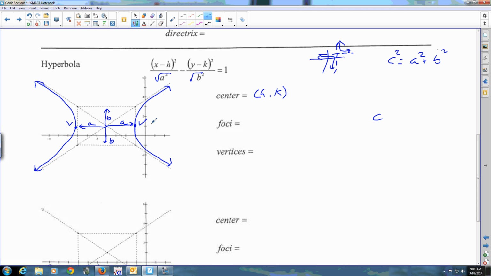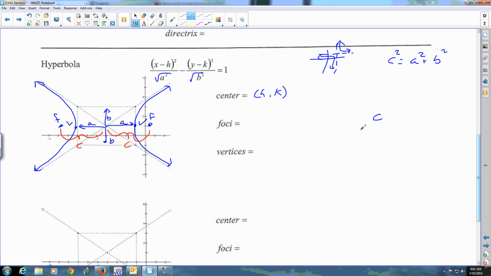Now your foci are going to be somewhere in the direction they open. So this is going to be a focus and this is going to be a focus. And because you're adding these two things together, that makes the distance to the focus, in other words the value C, larger than A. So that distance is going to be C, and that distance is C. Alright.